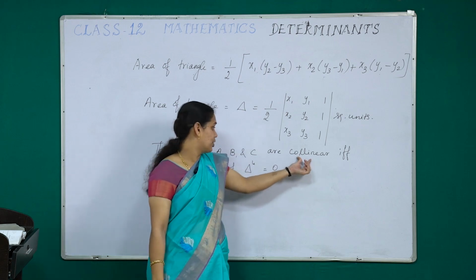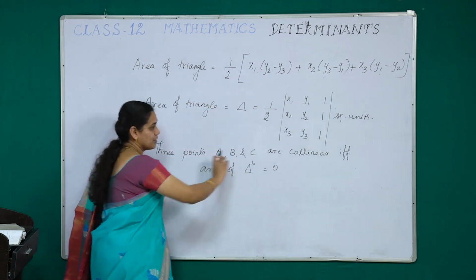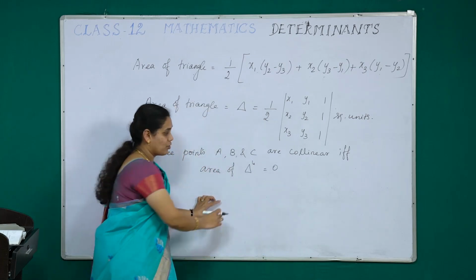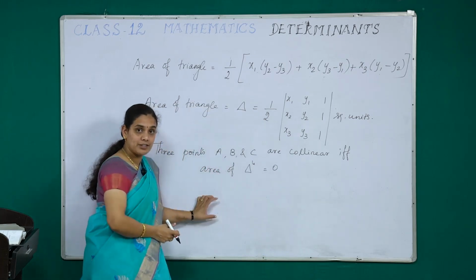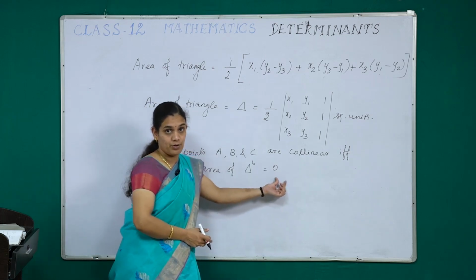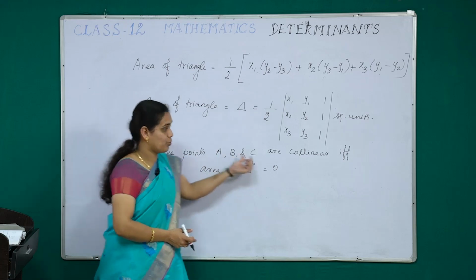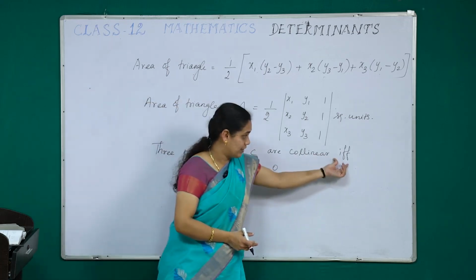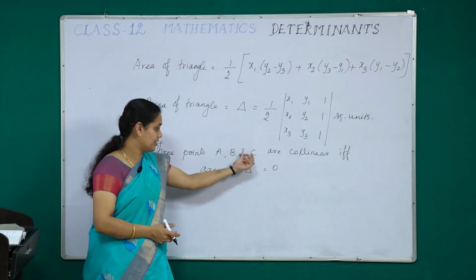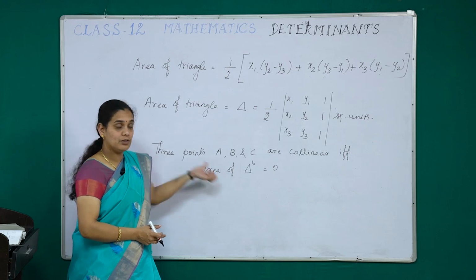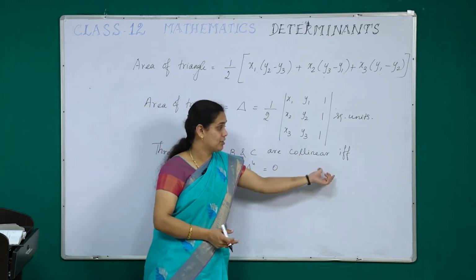If the points lie on the same straight line, then we cannot form a triangle. Therefore, the area of the triangle is not possible to find out, and in that case the area of the triangle will be 0. So we can say that the 3 points are collinear. This is if and only if. If the 3 points are collinear, then the area of the triangle is 0. If the area of the triangle is 0, then the 3 points are collinear.